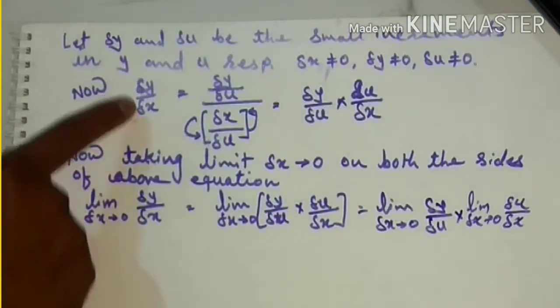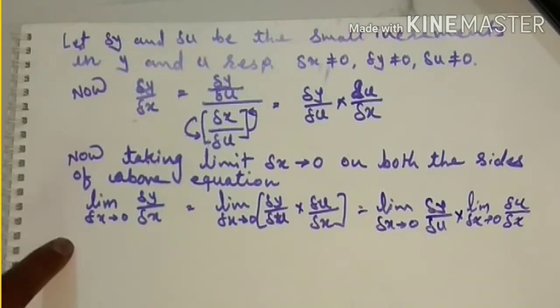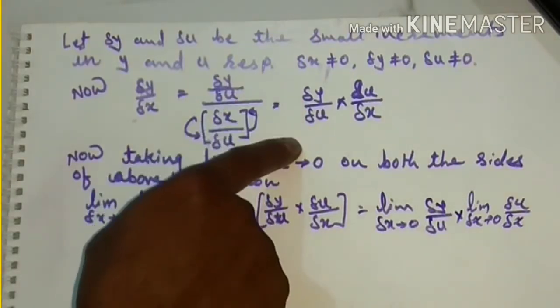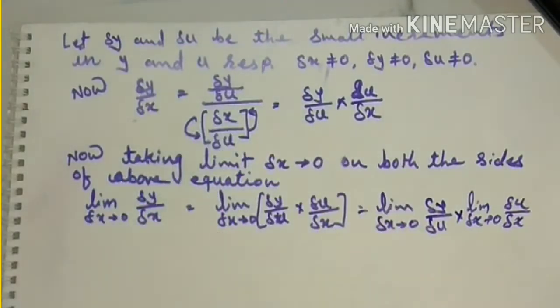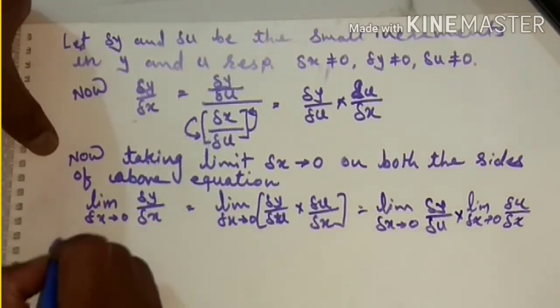See, delta y by delta x. So I have taken the limit on the right hand side of the above equation also. I have taken separate limits: limit delta x tends to 0 of delta y by delta u, into limit delta x tends to 0 of delta u by delta x.